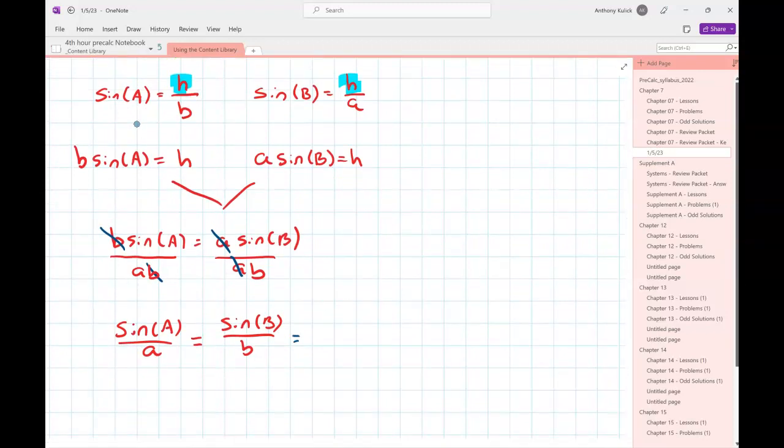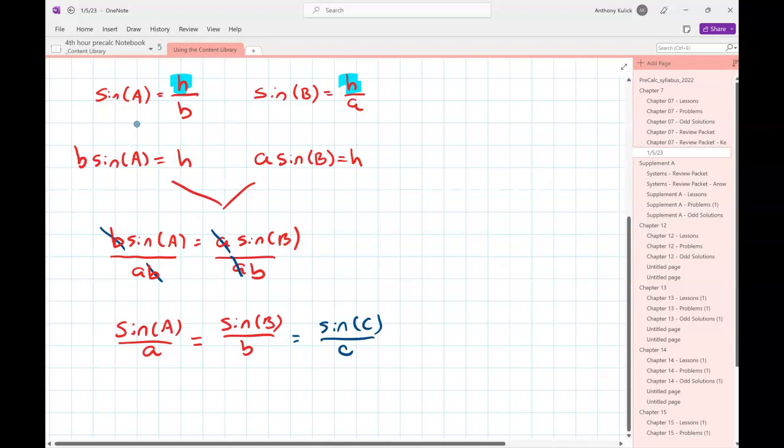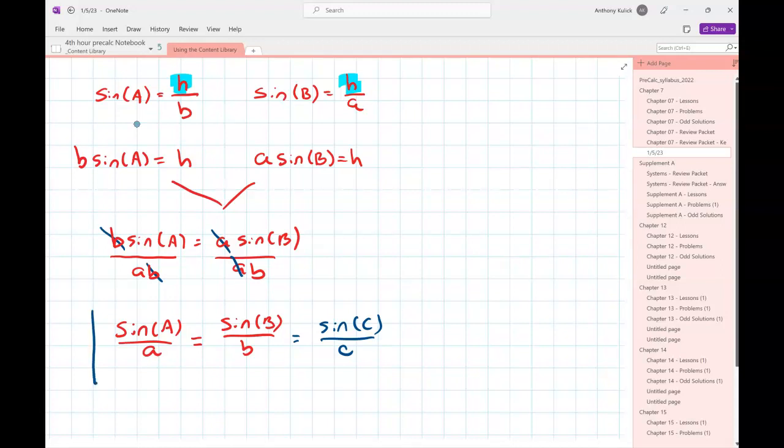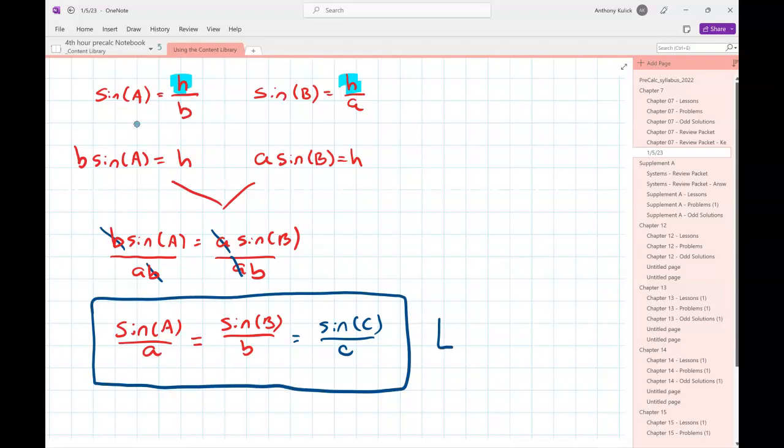In doing so, I would end up that this is also equal to sine C over C. And it's this relationship that we call the law of sines. I abbreviate that as LOS. Law of sines.